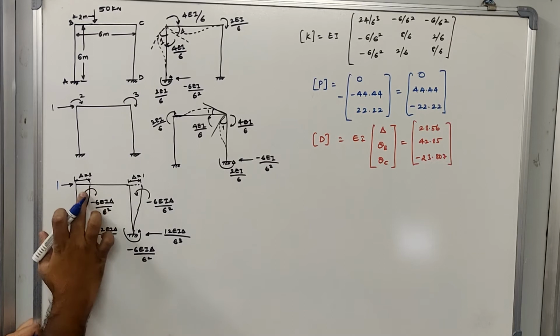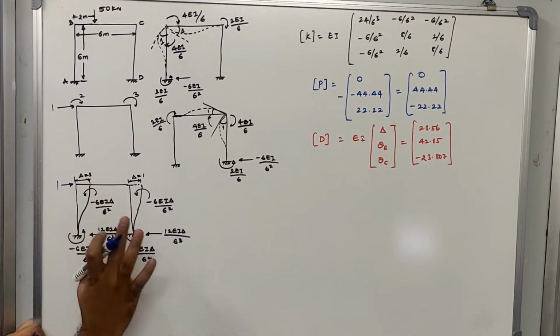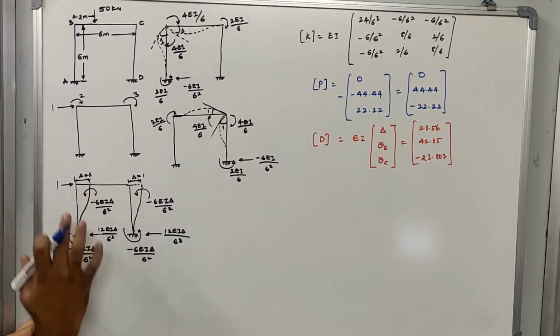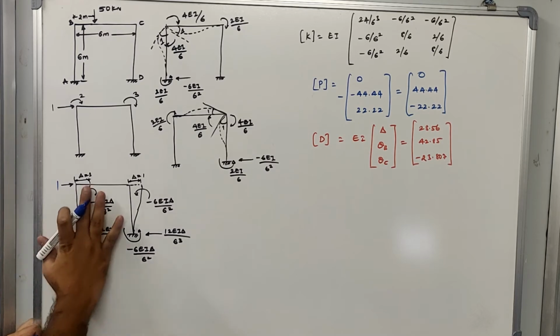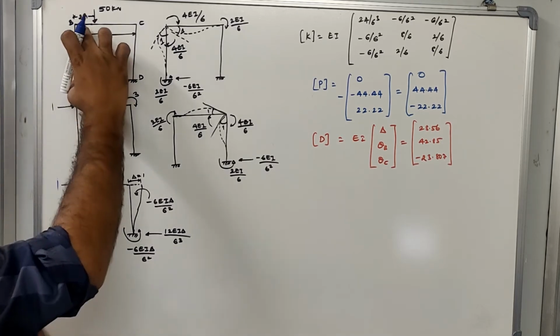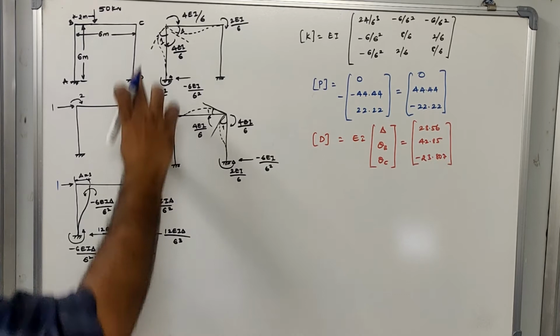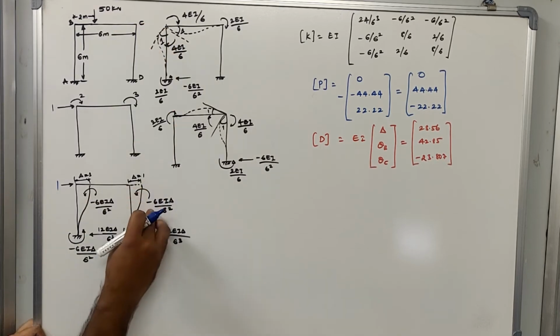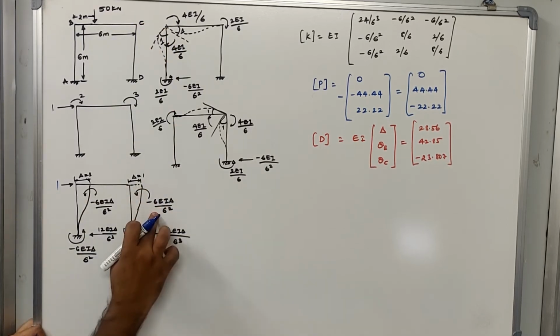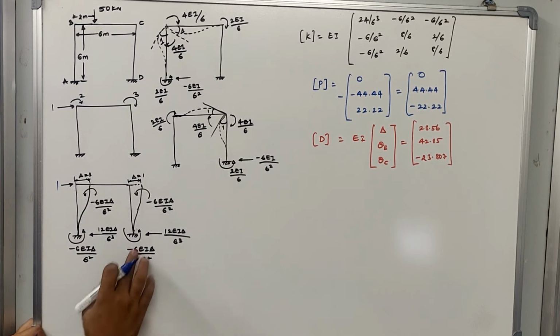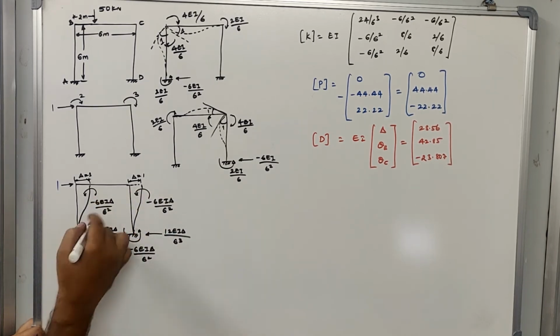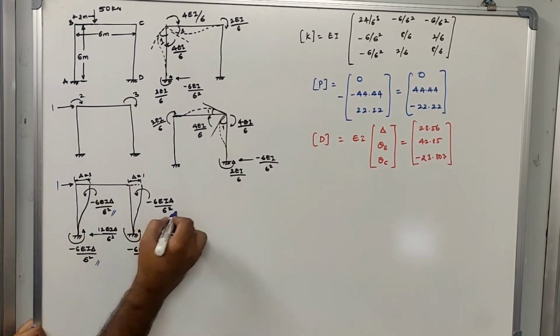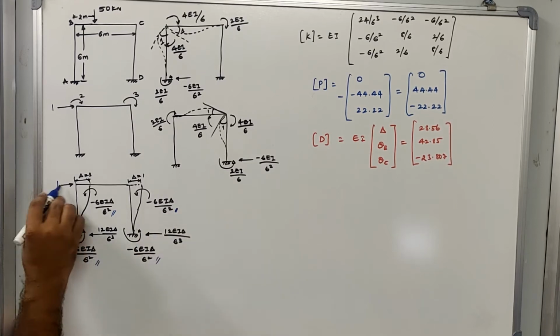The moments generated in the first column, column AB, are minus 6EIδ/L² and minus 6EIδ/L². Similarly for column CD, again there are 2 moments generated, minus 6EIδ/L² and minus 6EIδ/L², which you already know. These are the moments created because of the application of unit force at this joint.